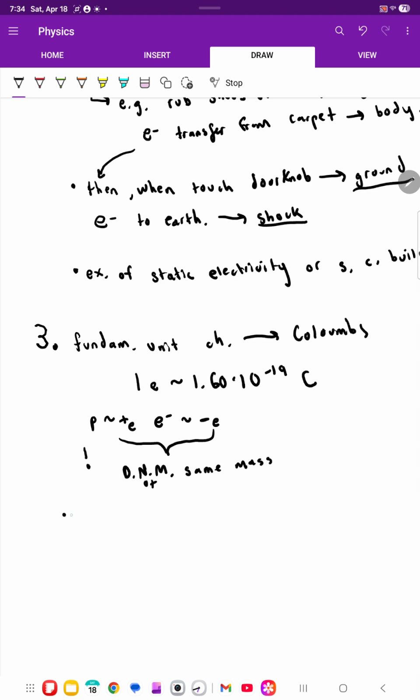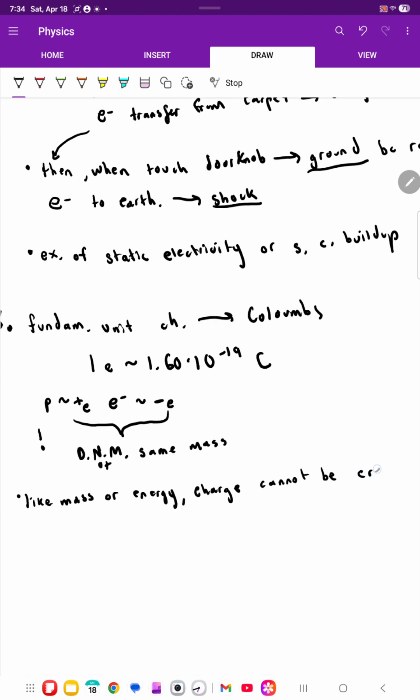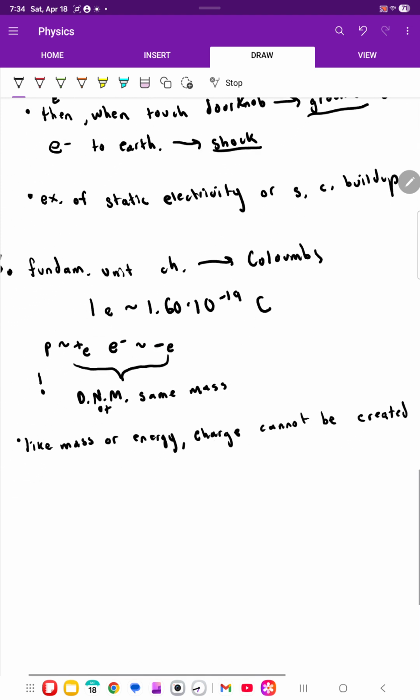So, like mass or energy, charge cannot be created or destroyed.